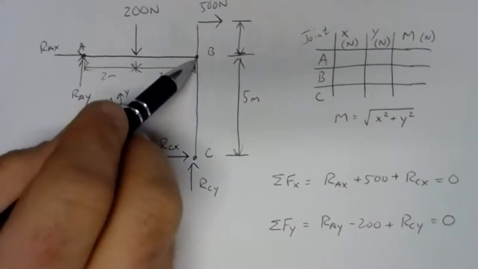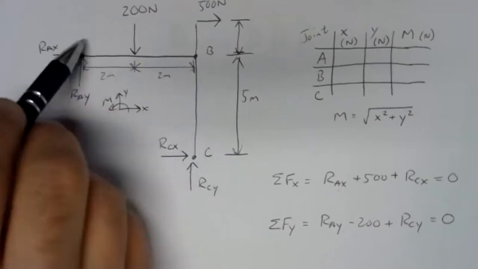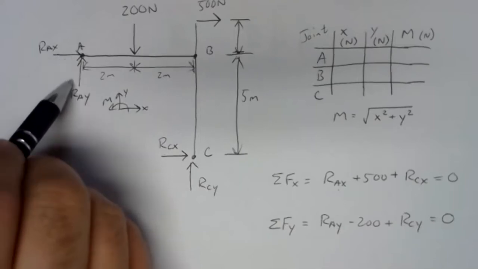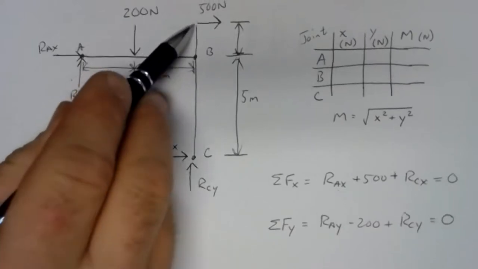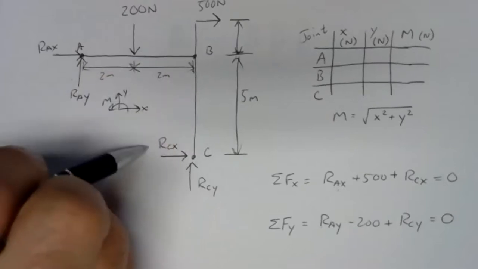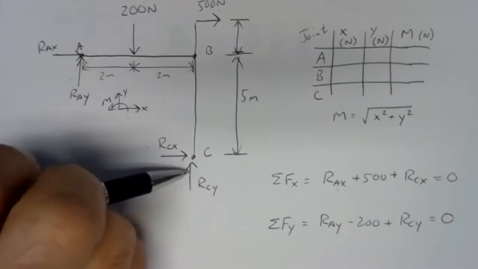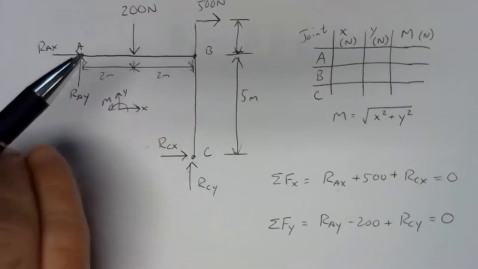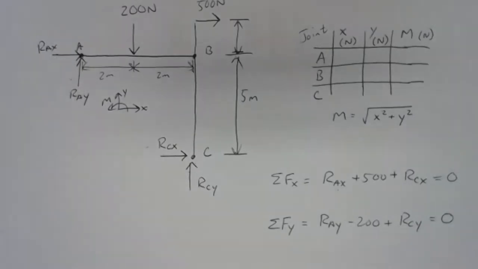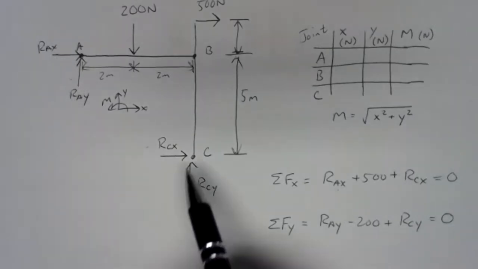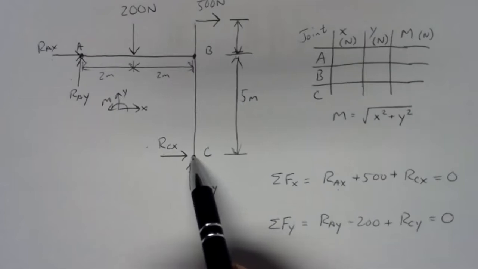If we picked B, well, RAX wouldn't have a moment, but RAY would. So would the 200 Newton, so would the 500 Newton. RCX would, but RCY wouldn't, since its line of action goes through B. So we lose 2 of our unknowns, but we still have 2 others, just like we had at A. And at C, we've got the same problem.